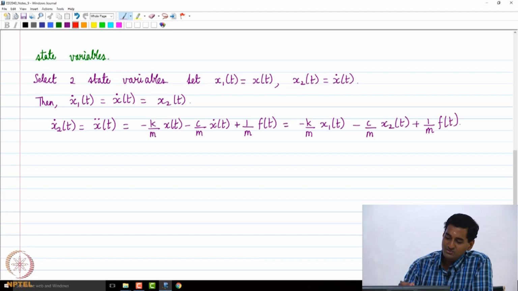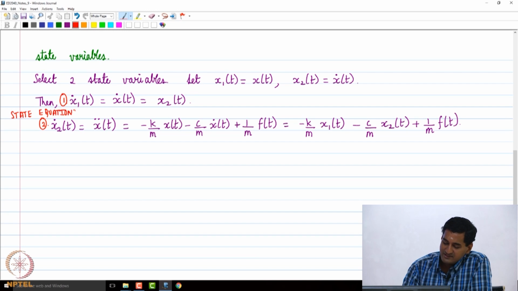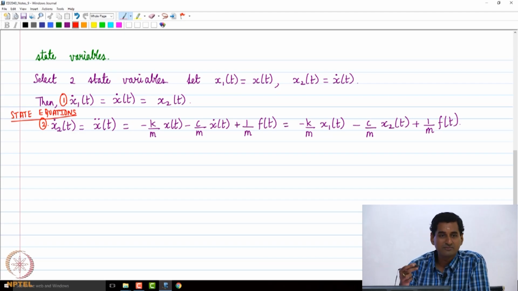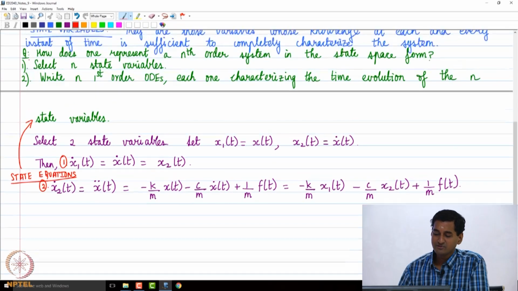So these two equations, equation 1 and equation 2, are what we call the two state equations. What are state equations? State equations are these first order ODEs that characterize the time evolution of each state variable. That's what we talked about in the second step.